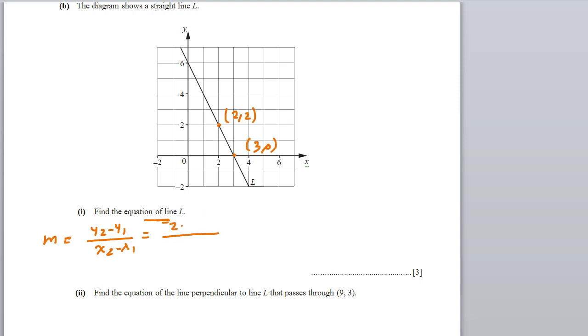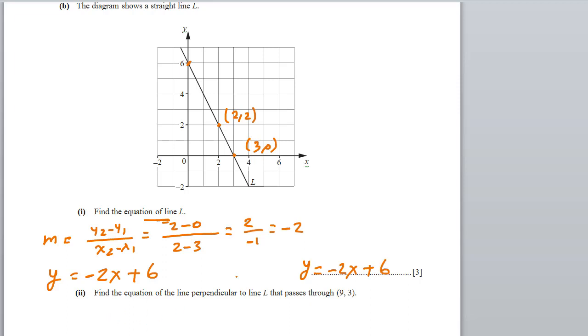So 2 minus 0 divided by 2 minus 3. So it would equal 2 divided by minus 1, which is minus 2. And the equation here, we have 6, so the equation is y equal to minus 2x plus 6.